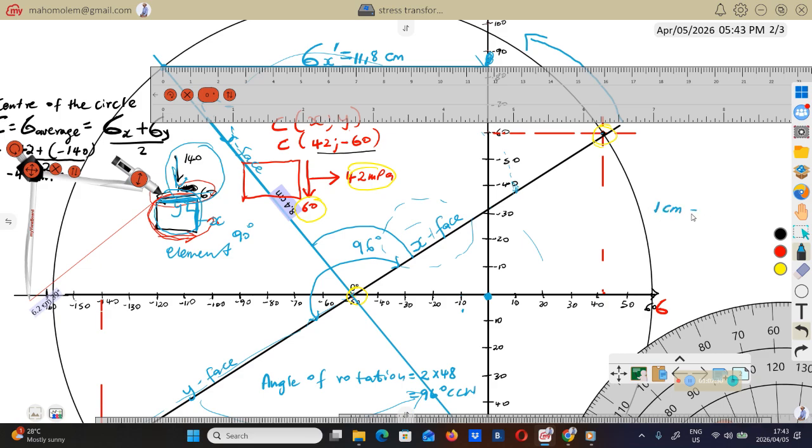So 1 centimeter equals 10 MPa. From here to there is 1 centimeter, but this 1 centimeter represents 10 MPa. So after getting the centimeters like this, you have to convert them to MPa. You'll do that by multiplying by 10, multiplying back by your scale. So that will be the normal stress on the x face.